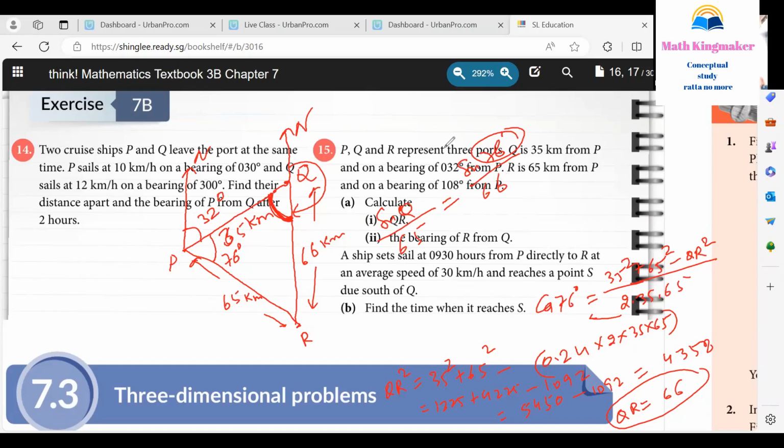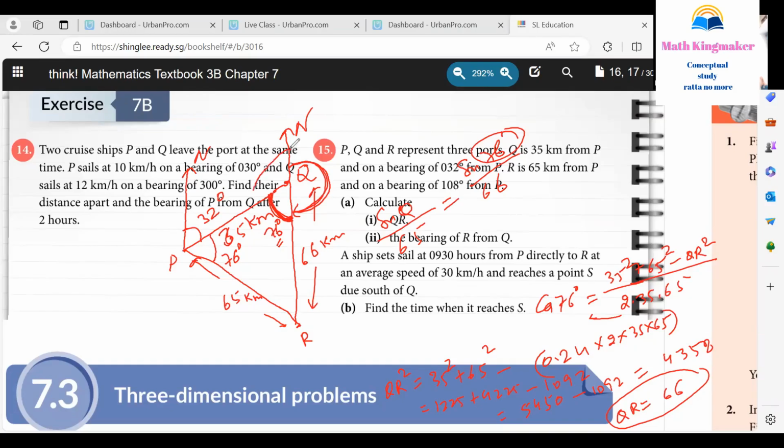Roughly we can take it as 76 degrees. So if this is 76, then how much is this angle?